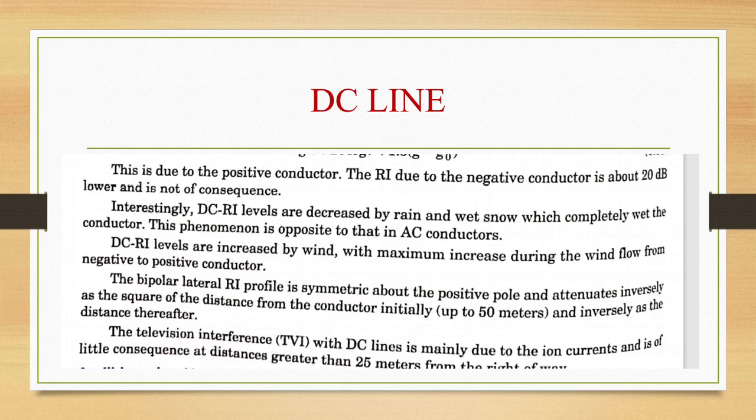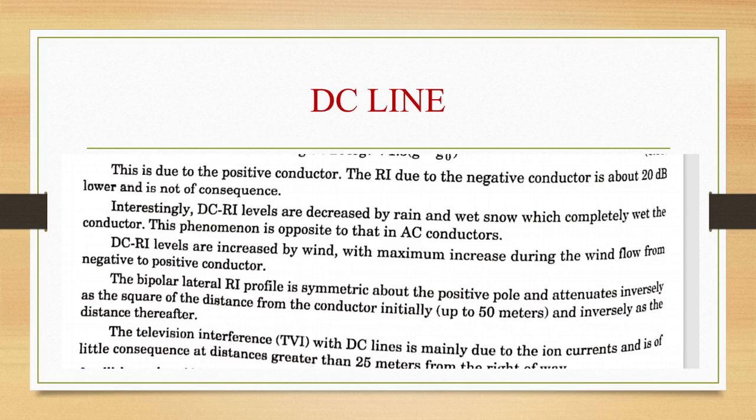It is not of consequence. Interestingly, DC RI levels are decreased by rain and wet snow, which completely wet the conductor. This phenomenon is opposite to that in AC conductors. DC RI levels are increased by wind, with maximum increase during the wind flow from the negative to positive conductor.